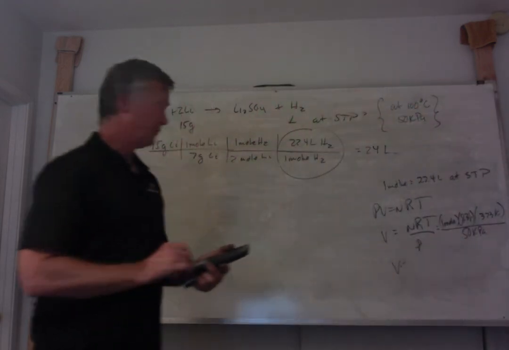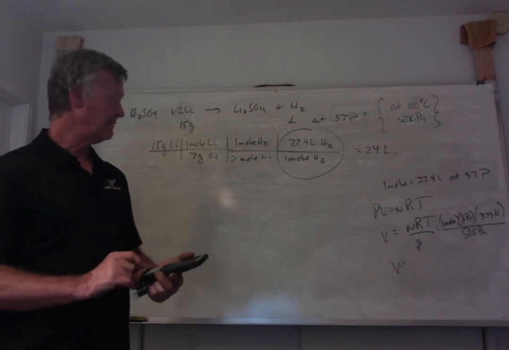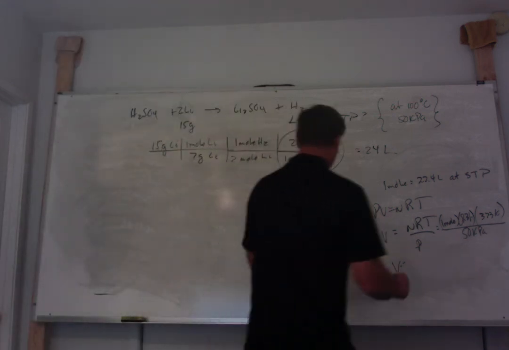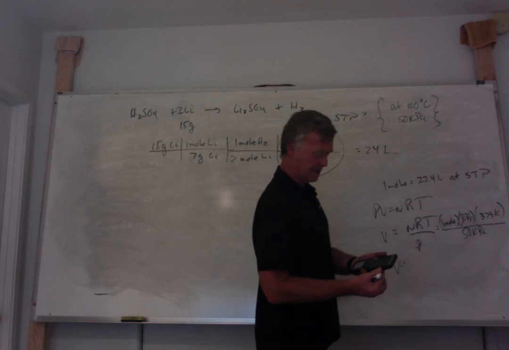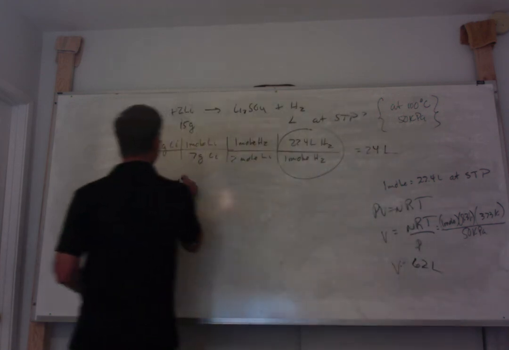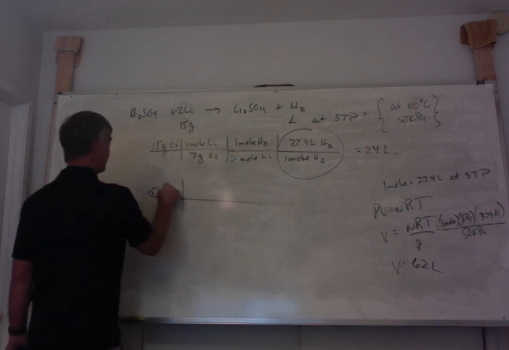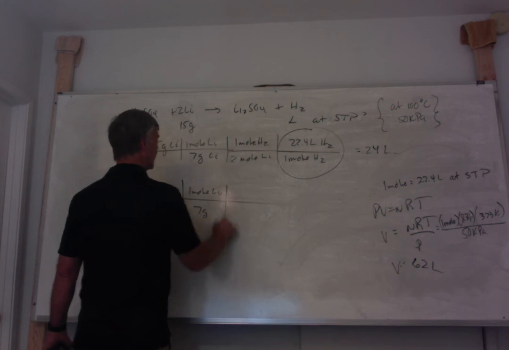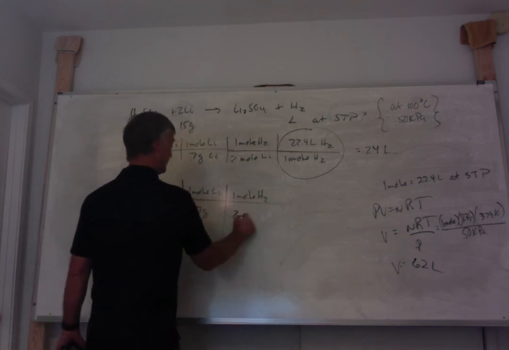So 8.31 times 373 divided by 50. And this actually is 61.9962 liters. And so basically we would do the exact same problem now. 15 grams of lithium. 1 mole of lithium is 7 grams. There's 1 mole of hydrogen for every 2 moles of lithium.